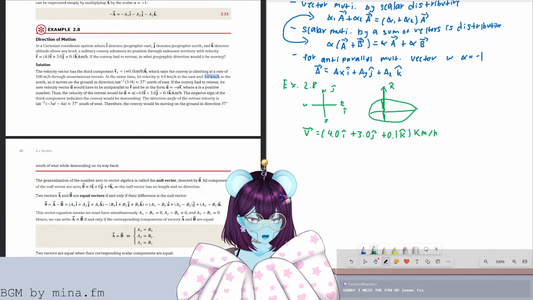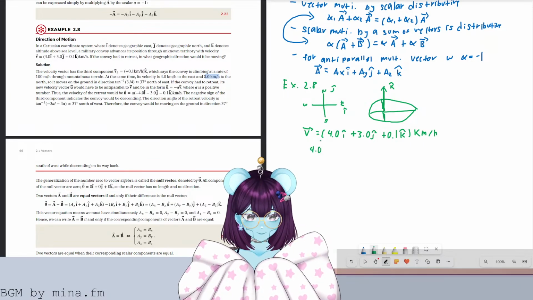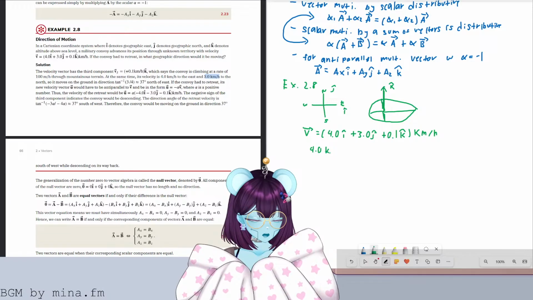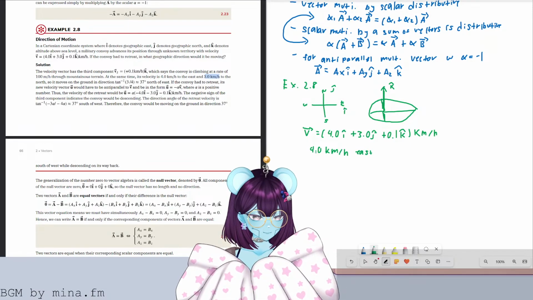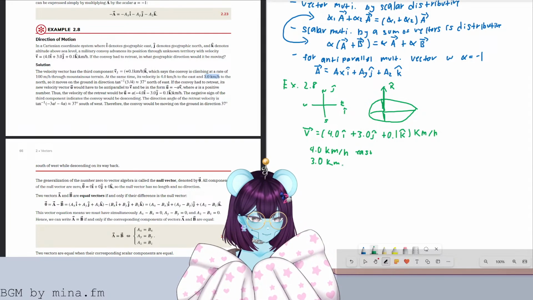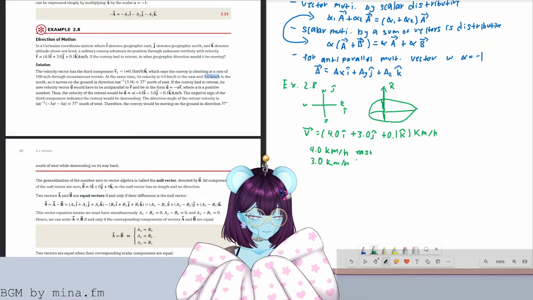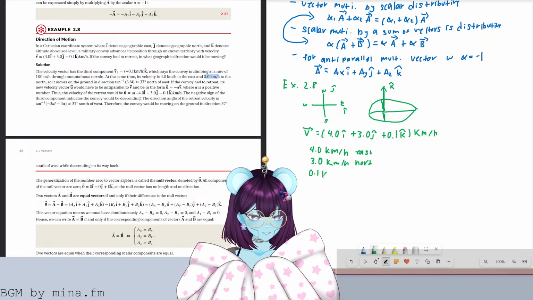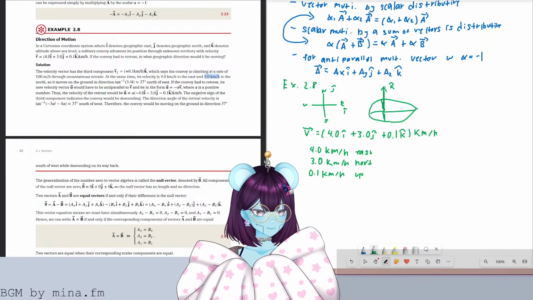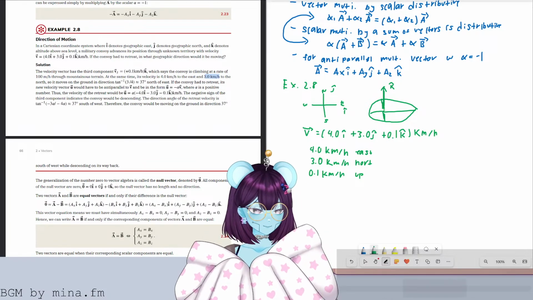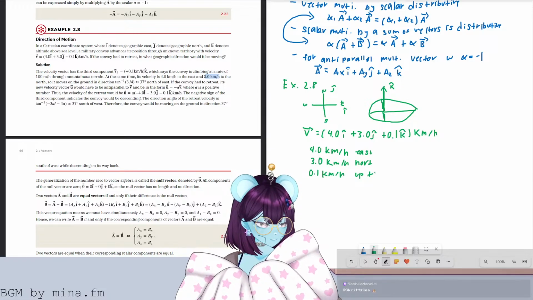I'm going to go from left to right, so I'll go 4 kilometers per hour east, 3 kilometers per hour north, and 0.1 kilometers up, because this is just straight up going up into the sky.